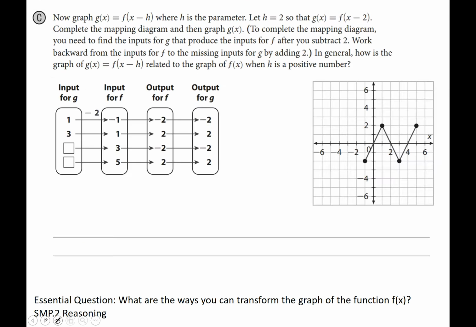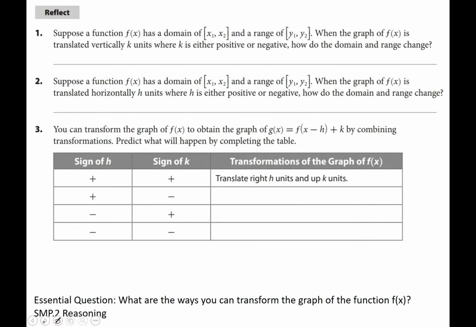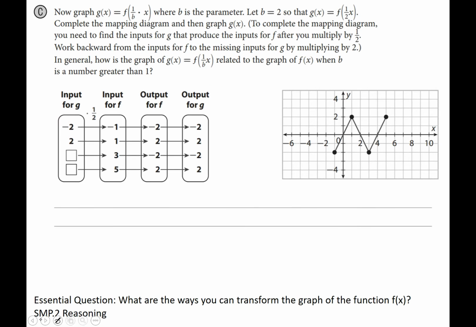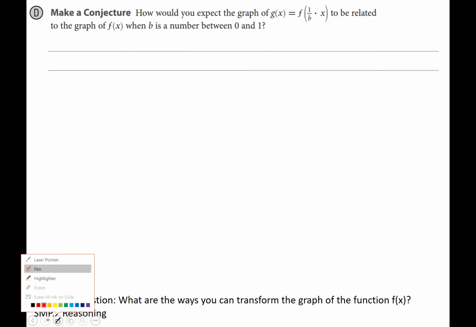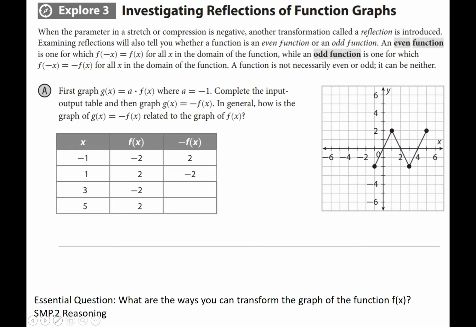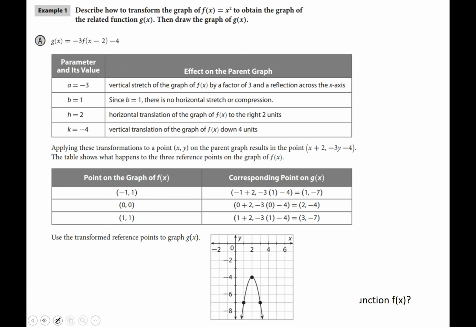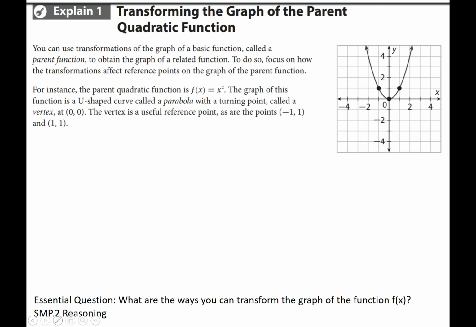All right, so we're going to go all the way to where it says explain where we left off. There we go. Okay. So we're going to transform the graph of the parent quadratic function. So there's actually two words just in that title.